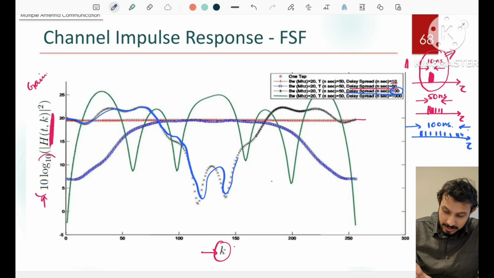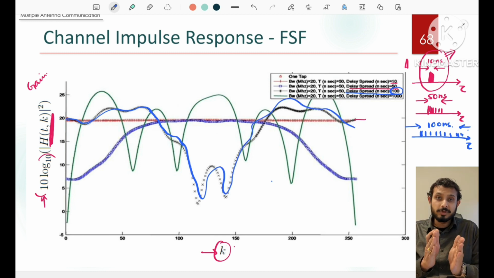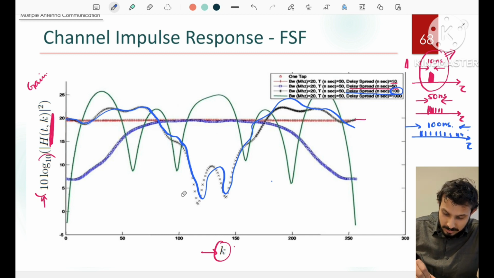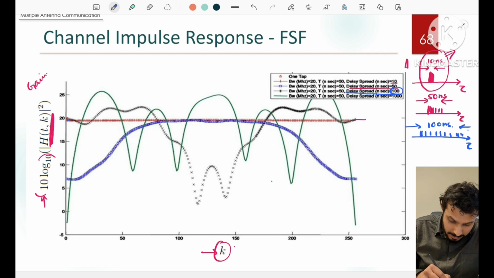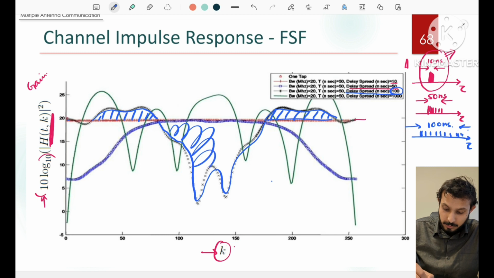So here you can see that there is an even smaller proportion of frequencies for which there is less attenuation, and a smaller amount of frequencies where there is heavy attenuation. So for this portion there is less attenuation, and also for this portion there is less attenuation, whereas for this portion it is highly attenuated.